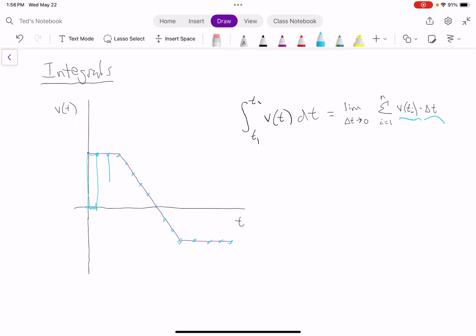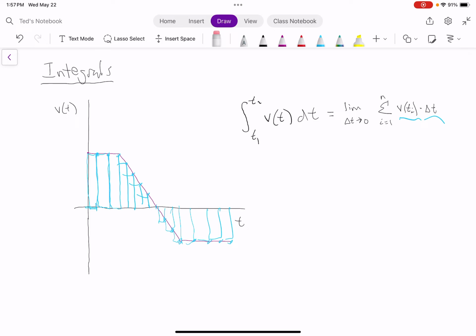Then the same here gives me the area of the next rectangle, and so on for each one, and there's zero at one point. This symbol says add them all up. If I add up all of those areas, I get an approximation of the total area under the curve.